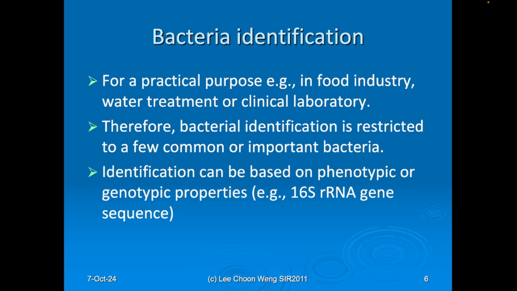These are bacteria important in water treatment because they are considered fecal indicator bacteria, which means if you can detect these bacteria in your water supply, there is fecal pollution, a recent fecal pollution in that water source. That is why it's mandatory to test in water treatment systems.